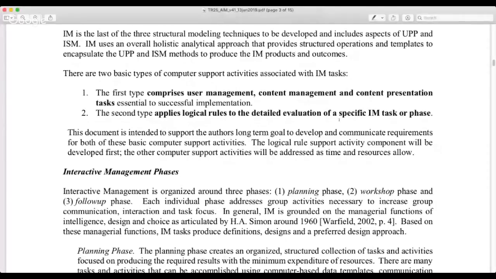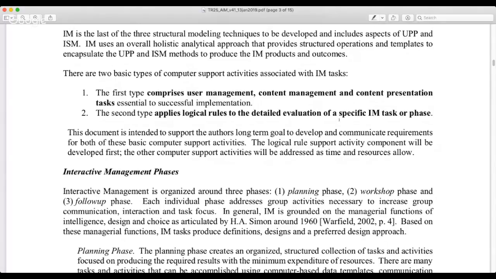And of course, there are 2 basic types of computer support associated with IAM tasks. The first type comprises user management, content management, and content presentation tasks. These are types of tasks and functions that would be associated with almost any type of software project. And the second type applies logical rules for detailed evaluation of a specific IAM task or phase.